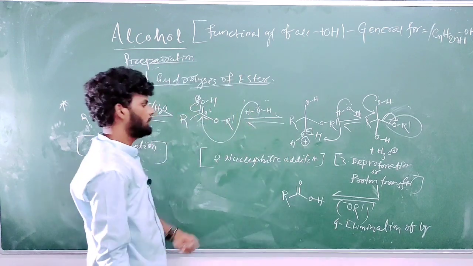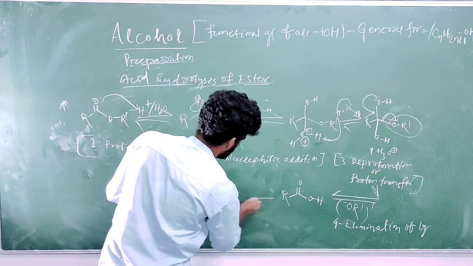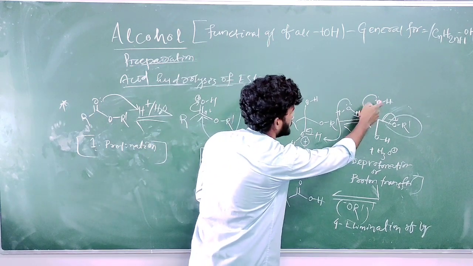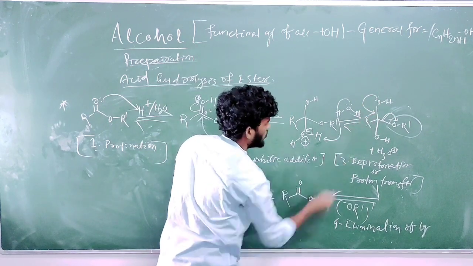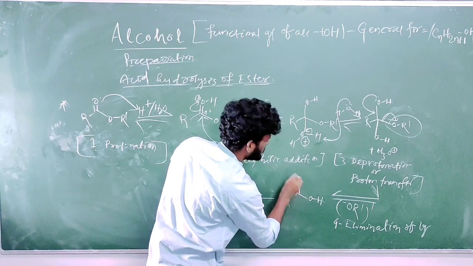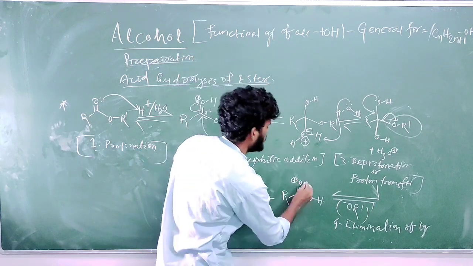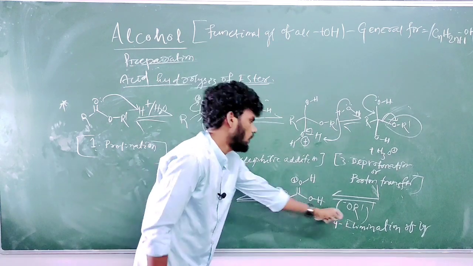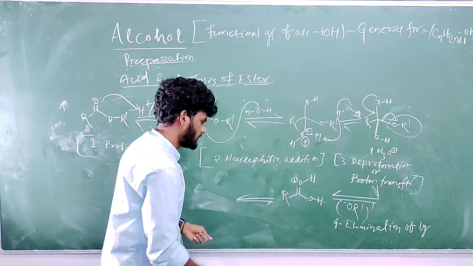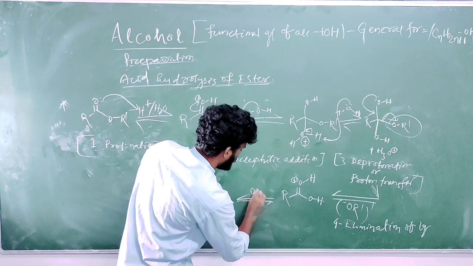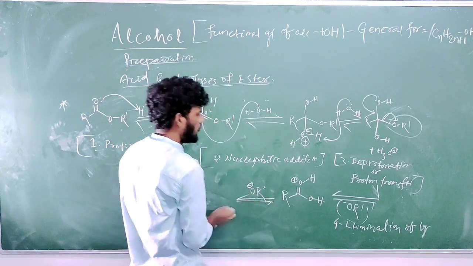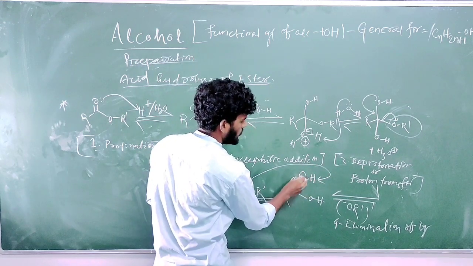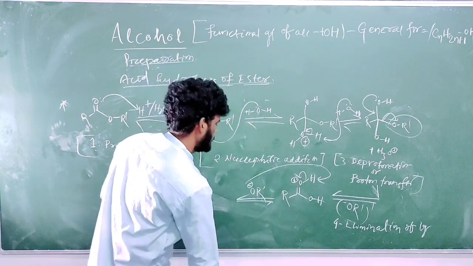Okay. So in the next step, the oxygen donates its electron pair to the carbon-oxygen bond, so there will be a positive charge near oxygen and hydrogen is attached here. So what will happen next? OR' minus, which has eliminated, will be in solution. It will take this hydrogen and this bond moves over to the electron deficient oxygen atom.